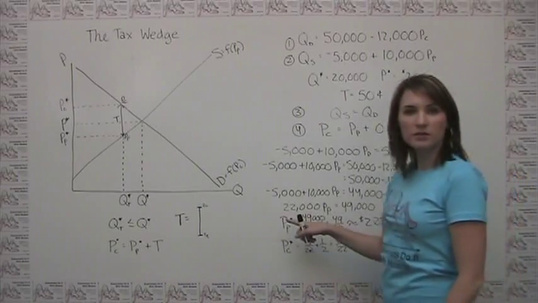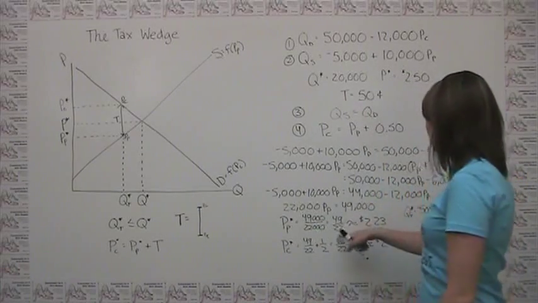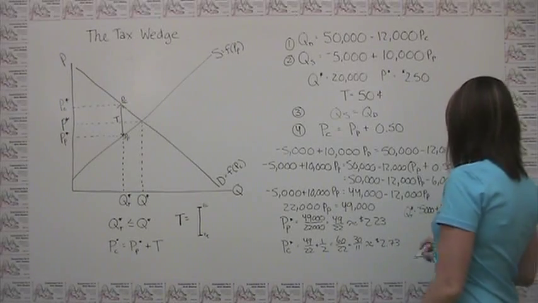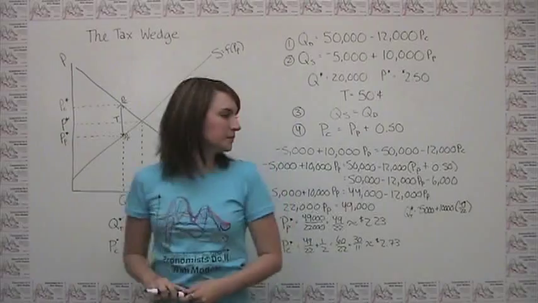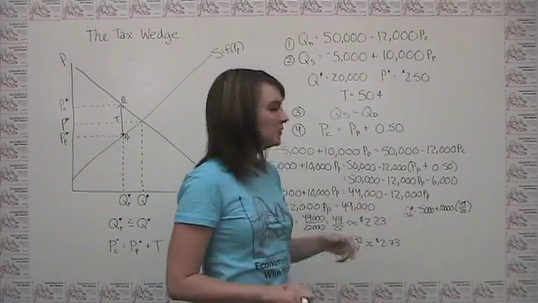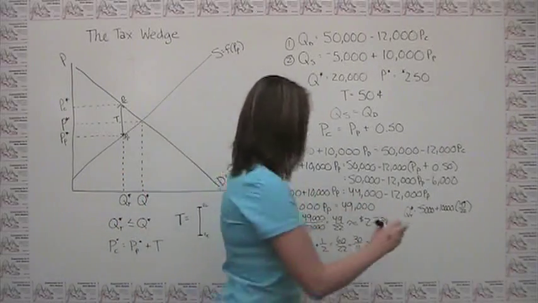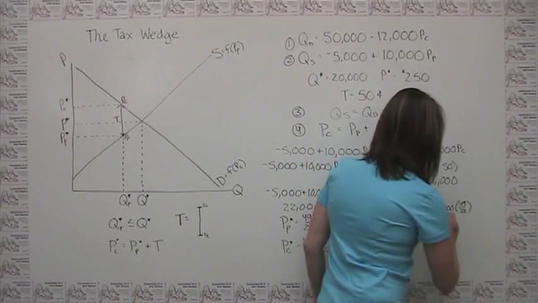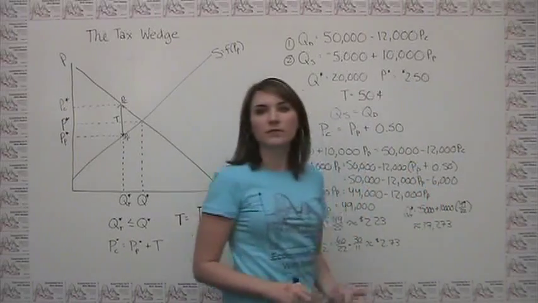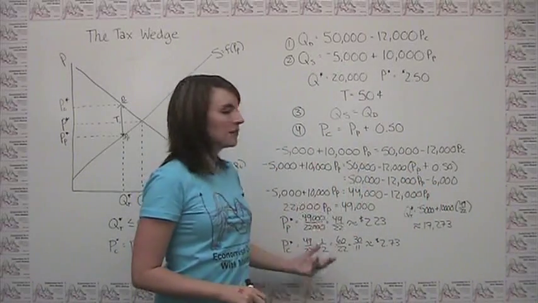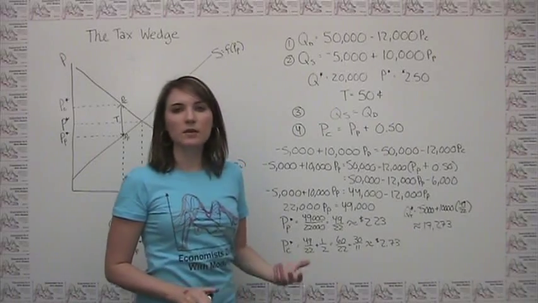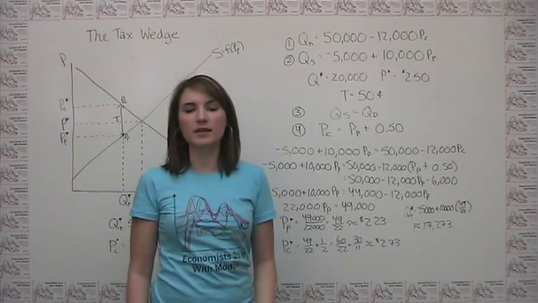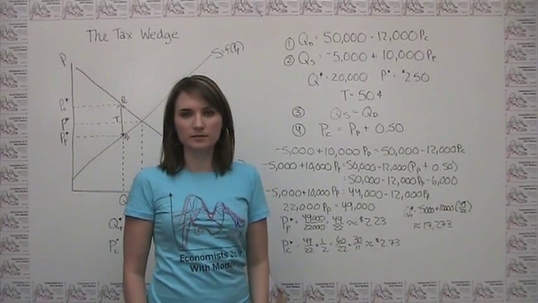That's the price to the producer here. So it's times 49 over 22. And we can do this calculation out, and we see that this approximately comes out to 17,273. And you'll see that this outcome here is exactly what we saw in both cases when we put a tax on producers and a tax on consumers.